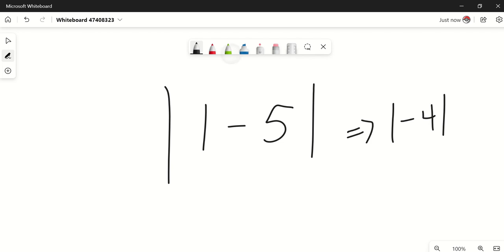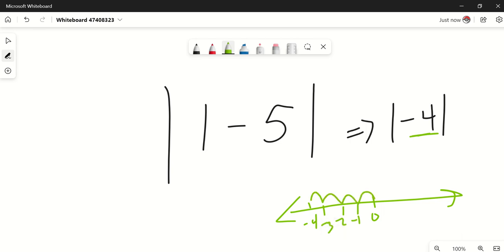And remember, even though there's a negative on the inside, it's asking how far away from 0 it is on a number line. 0 is here, negative 4 is here, negative 1, negative 2, negative 3. It is 1, 2, 3, 4 jumps away. So the absolute value of negative 4 would just be 4. So again, absolute value is going to determine everything inside of it.